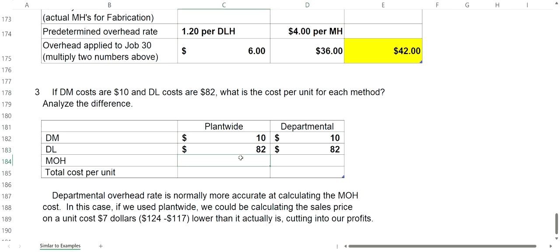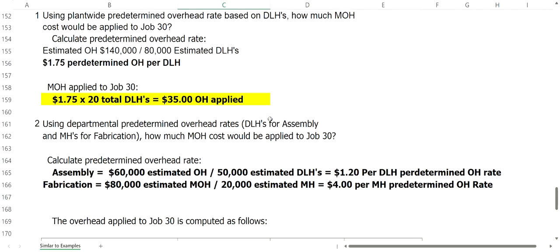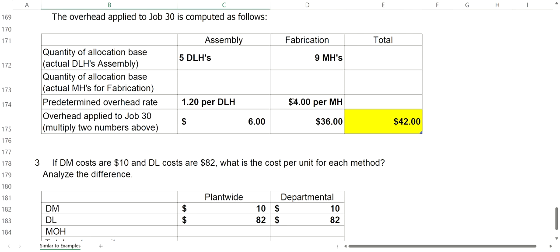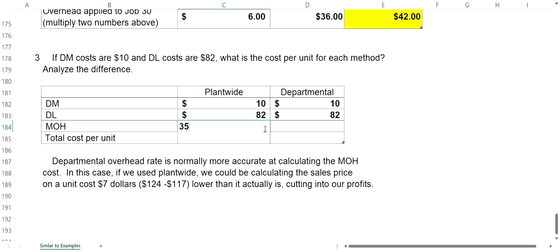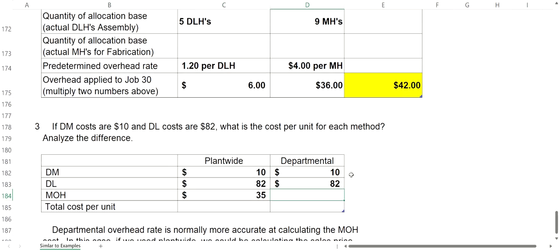What matters is the amount of overhead that's being applied. And again, I highlighted here, when I did plant-wide, I came up with $35 of manufacturing overhead being applied, so I will fill that in. When I did it by department, I came up with $42. Again, that's a $7 difference.